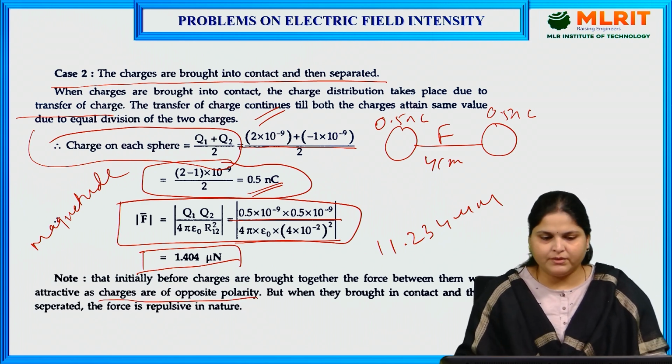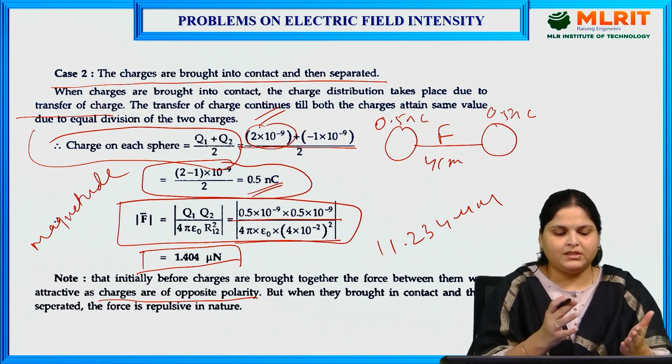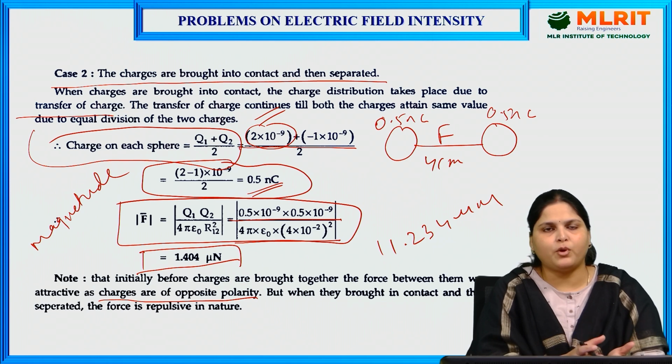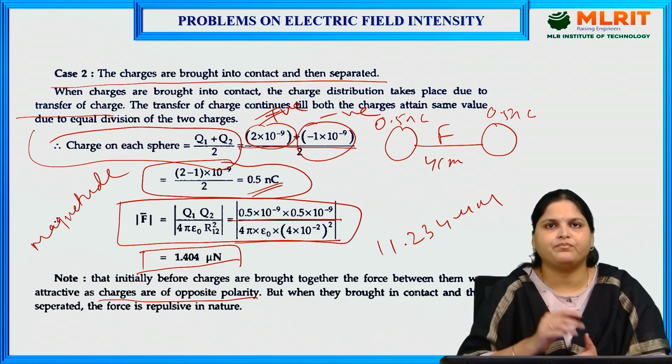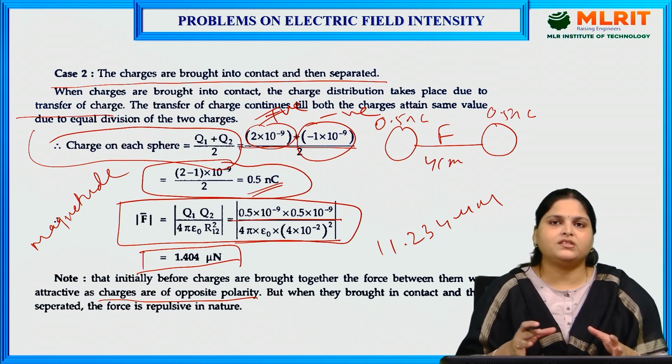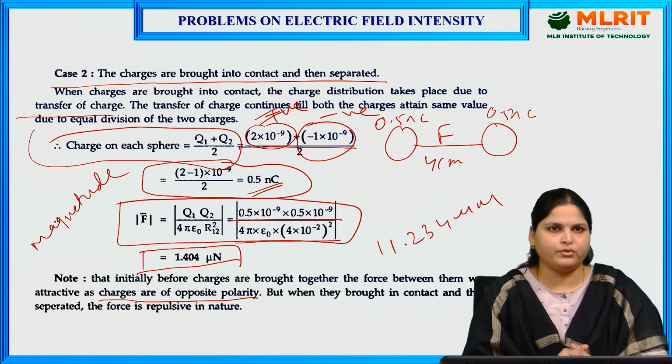As we know, the first charge was 2 into 10 to the power minus 9, and the meaning of saying this is that one charge was positive and another charge was negative. So the force acting between these two charges was an attractive force, okay?